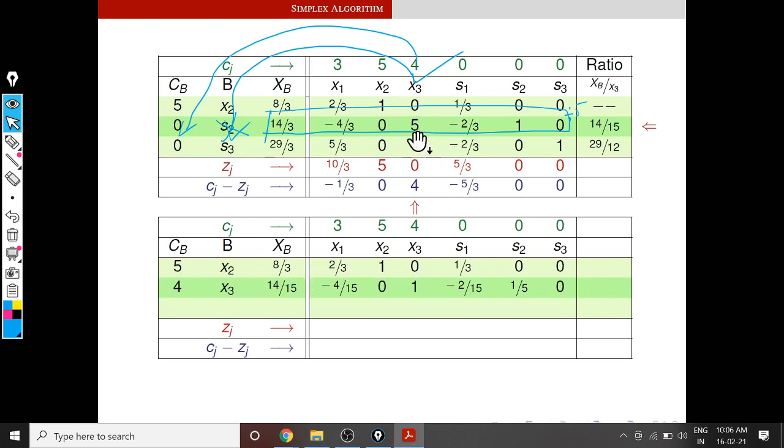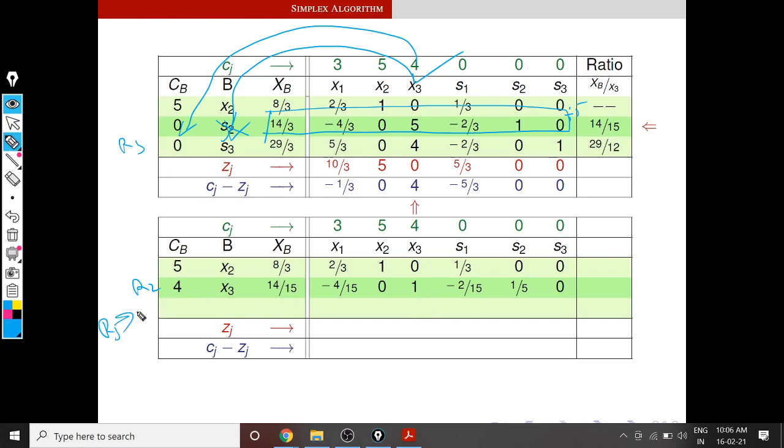Then how to convert this 4 to 0? This is our R3. This is our pivot column. Here the pivot row is this one. This is our pivot row. Then we put the present pivot row. Okay, R2. This is our R3. Then what is the change?